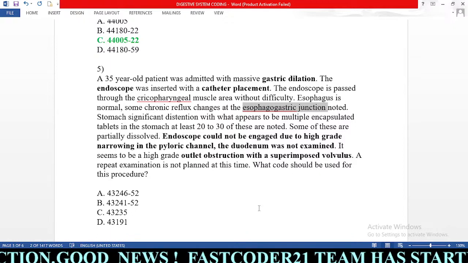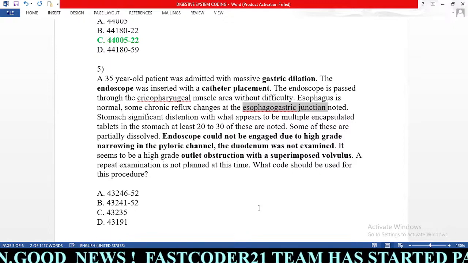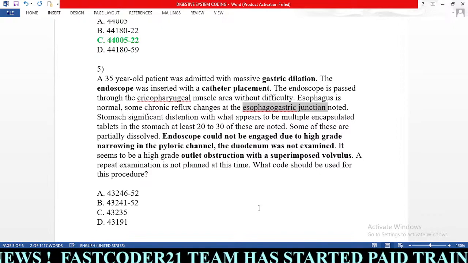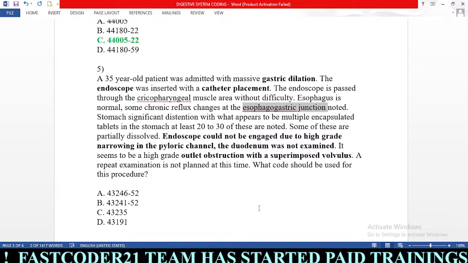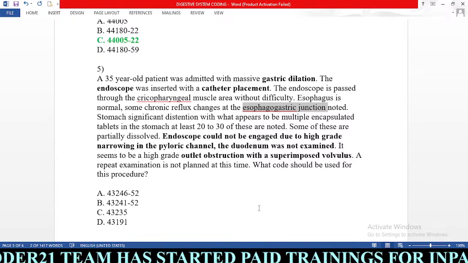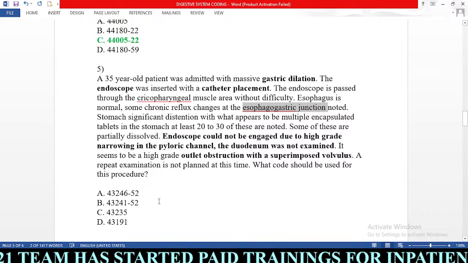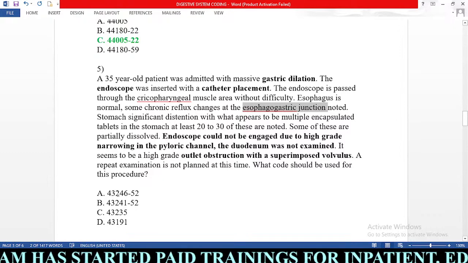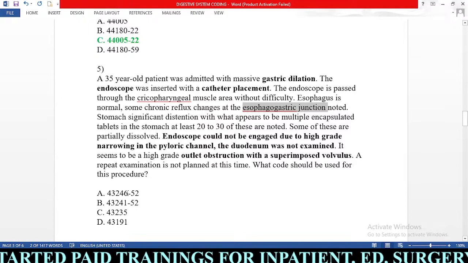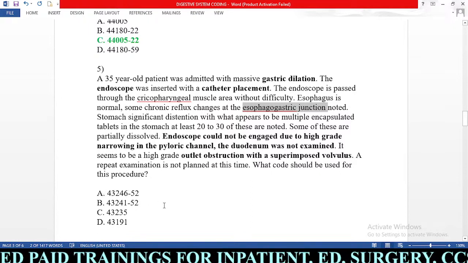Here the physician did not insert any gastrostomy tube. Gastrostomy means an artificial opening. The physician did not create any artificial opening. So we will eliminate A also here. Basically 43246 is for EGD with gastrostomy creation, which did not occur in our question.